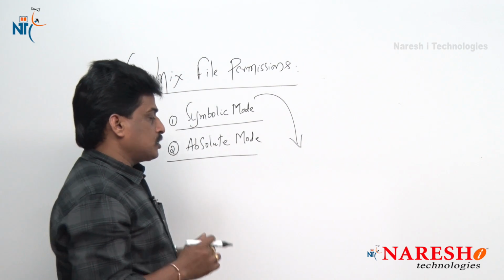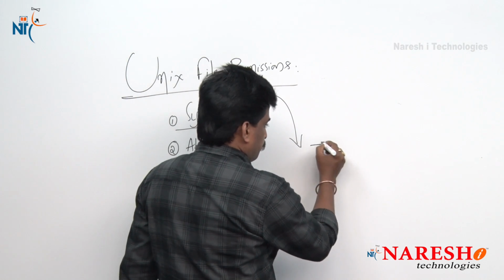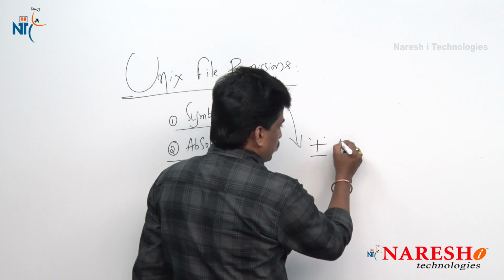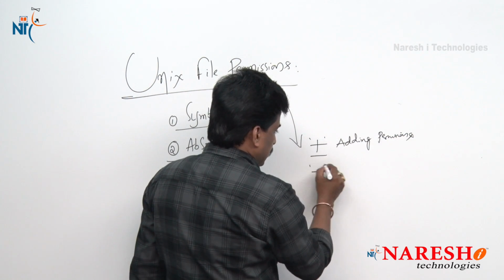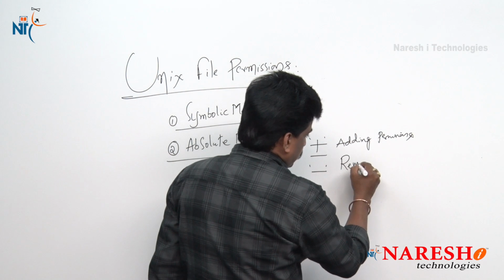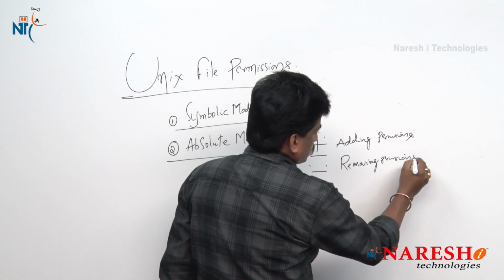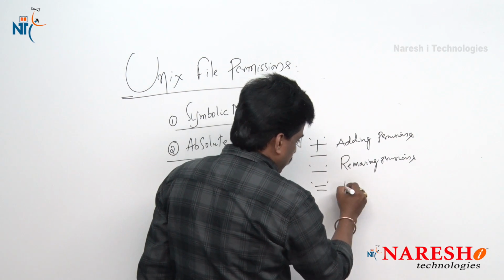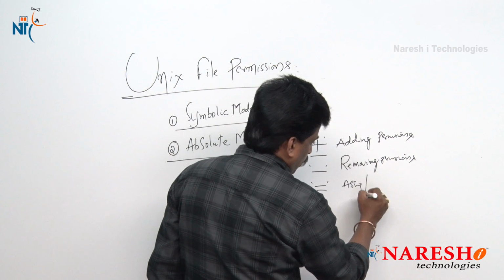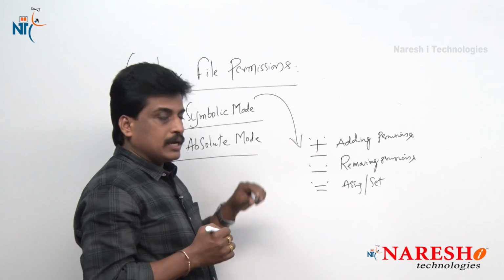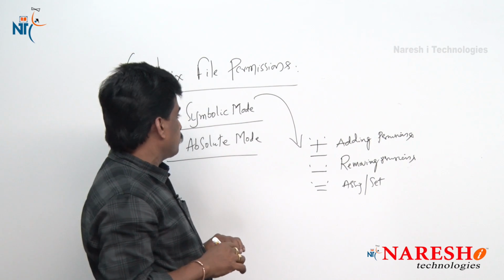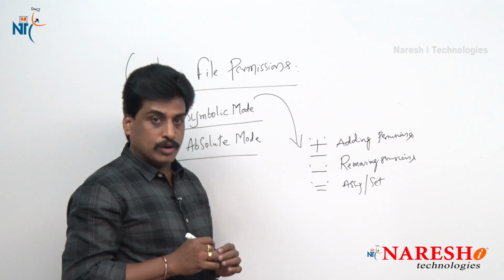What notations are commonly used here? Plus means adding permissions, minus means removing permissions, and equal means assigning or setting permissions. These are the 3 common symbols used with symbolic mode.